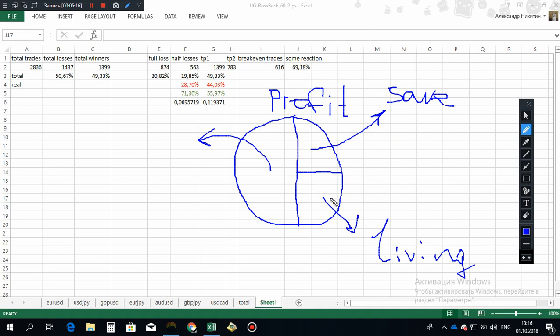If you generate that amount, then you are wealthy. As for this quarter that you have for living, there are two ways to generate enough for living. First, you generate a great amount of money to fulfill all your desires, dreams and needs.